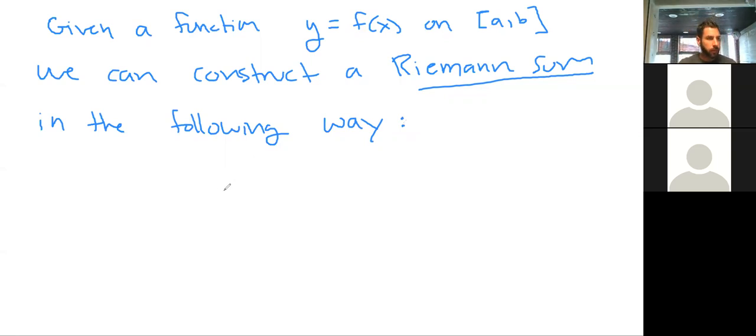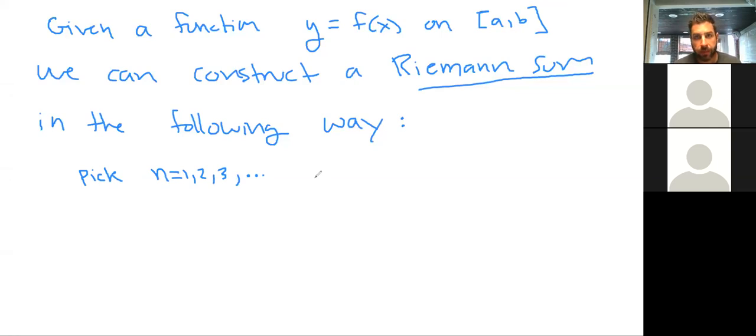So what you're going to do is pick n equals 1, 2, 3, and so on and so forth. So pick a positive integer. It doesn't matter. It can be 1, it can be 2, it can be 3.